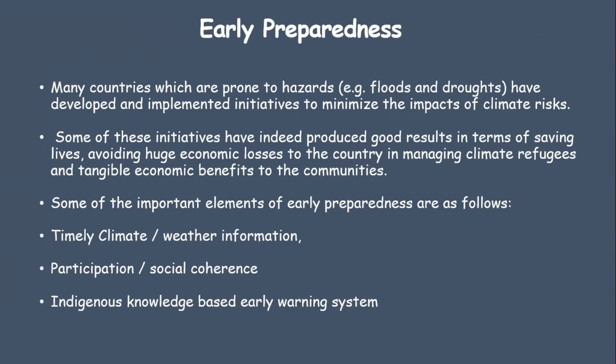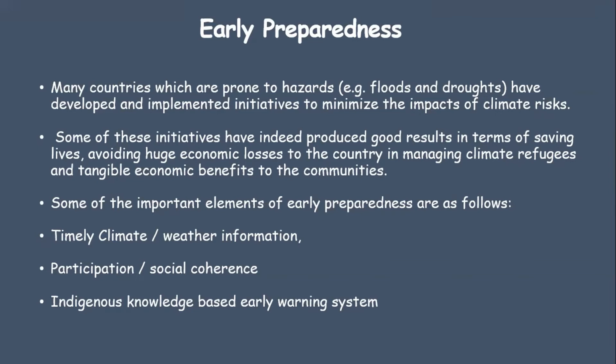Some of the elements which we can have as early preparedness are that we can have timely weather and climate information by the use of remote sensing. If we can predict the condition of a flood or a drought, ongoing or in the future, we can easily manage and be ready.